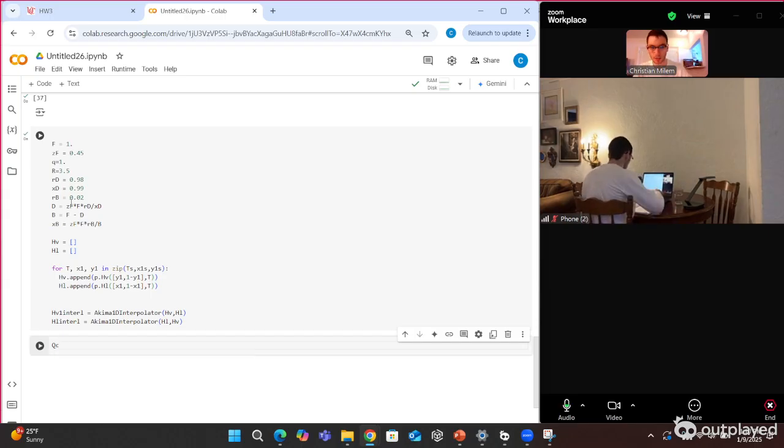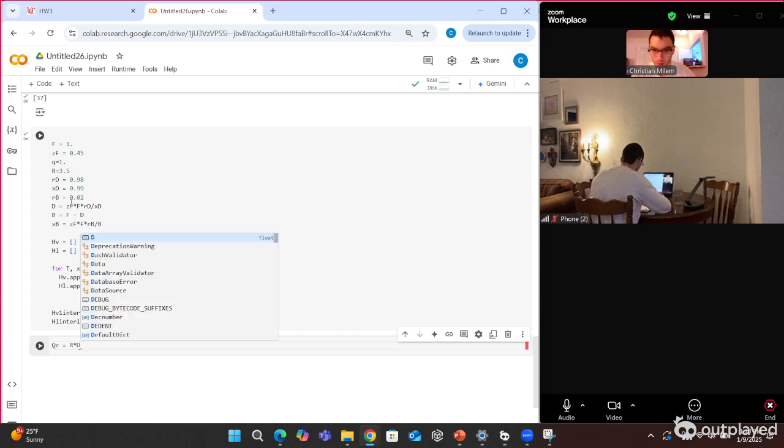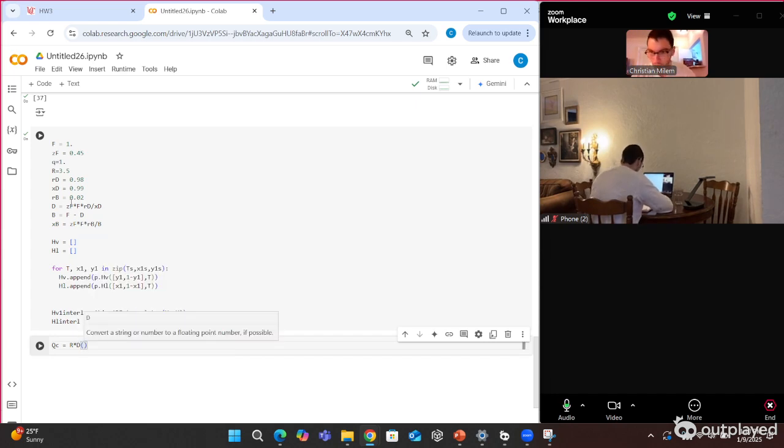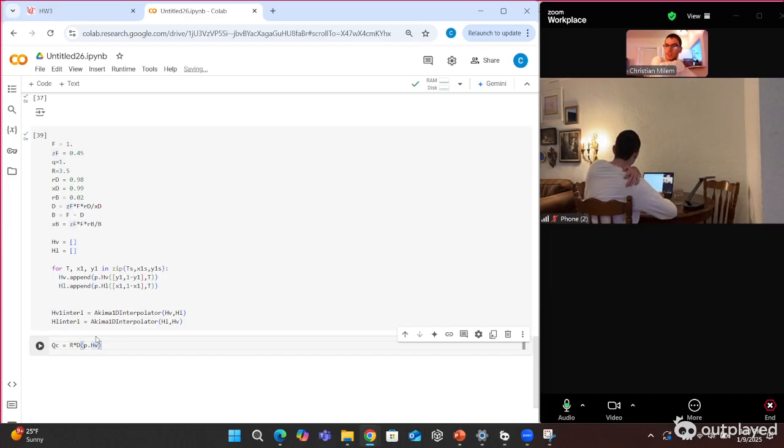QC equals R times D, and then we have our heat of vaporization. So we need P dot H vaporization, and I guess all of these would be at composition XD.